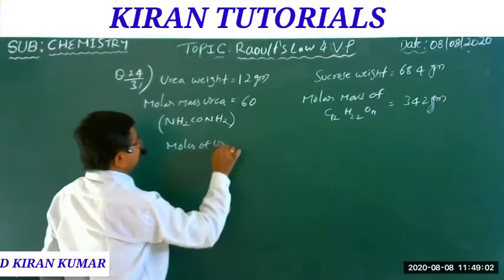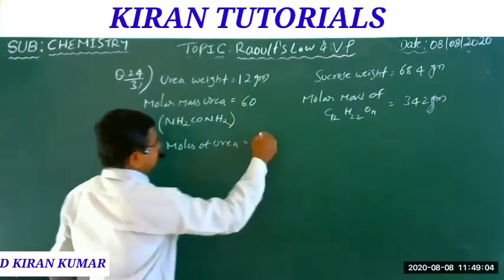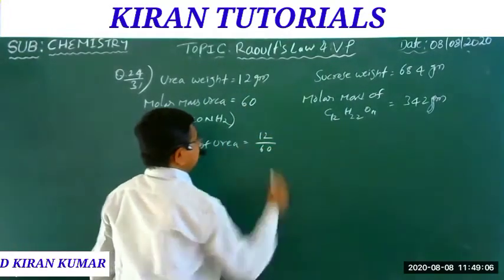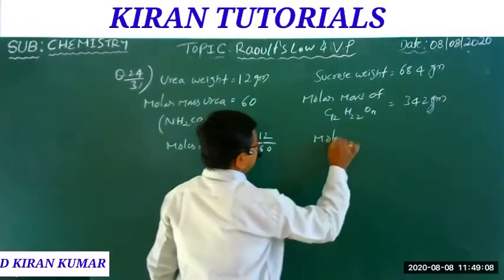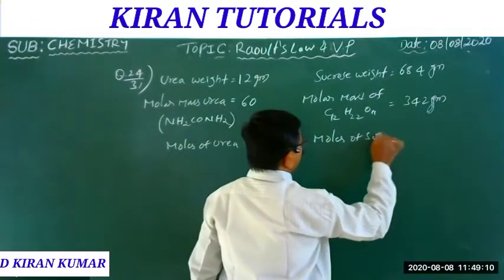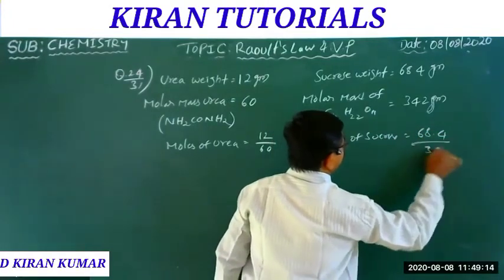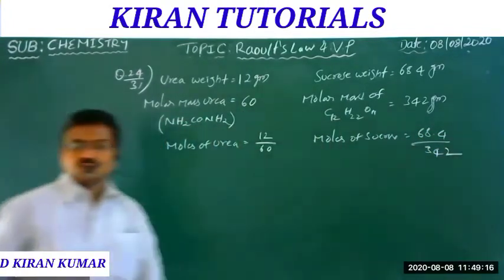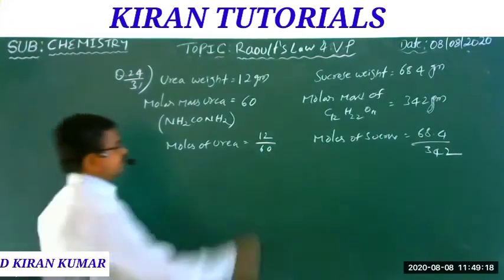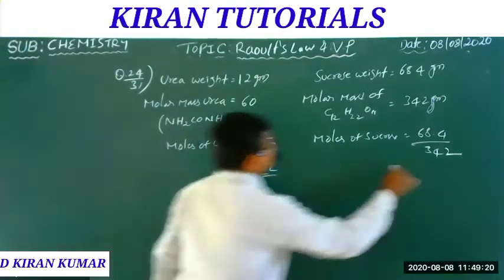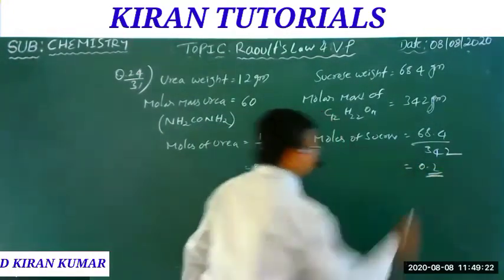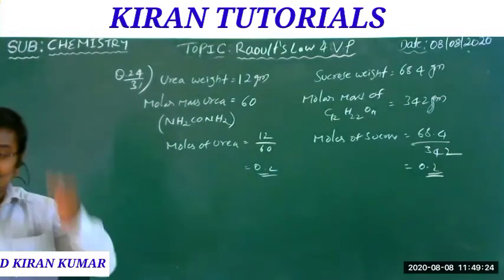Moles of urea equal to weight 12 by 60. Here moles of sucrose, 68.4 by 342. Here you will get 0.2. It is also 0.2. Means same.